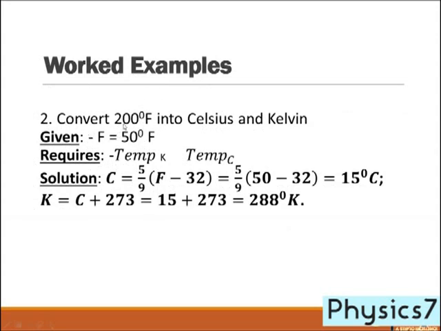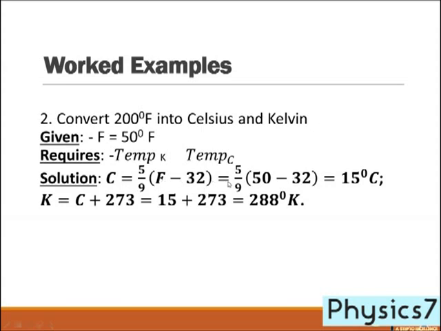Convert 200 degrees Fahrenheit into Celsius and Kelvin. So we're given that degrees Fahrenheit is equal to 50, and we're required to determine the temperature in Celsius and also in Kelvin. So to determine the temperature in degrees Celsius, we just use the expression that the temperature C in degrees Celsius is equal to 5/9, and then we have bracket the temperature in Fahrenheit minus 32 close bracket.